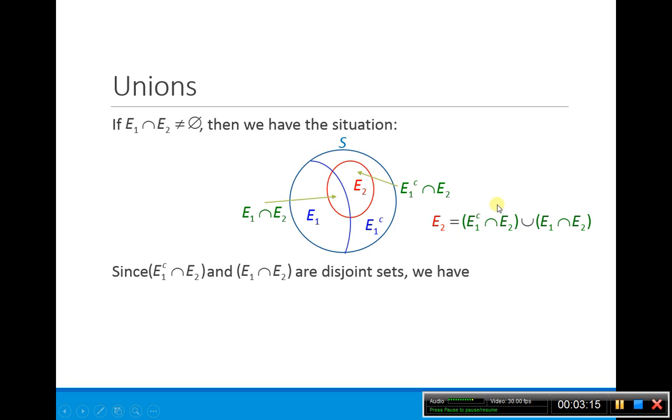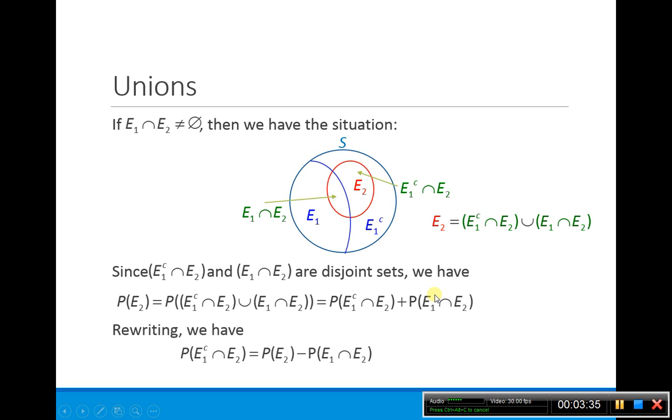Since E1 complement intersect E2 and E1 intersect E2, this part here and this part here, are disjoint, we can say the probability of E2 is the probability of the union of these. These two are disjoint sets, so this is the sum of the probabilities. Rewriting, the probability of E1 complement intersect E2, the probability of this part, is equal to P of E2 minus the probability of E1 intersect E2.